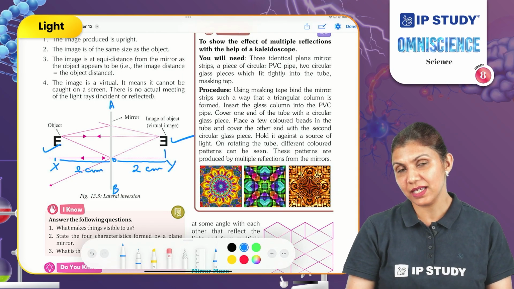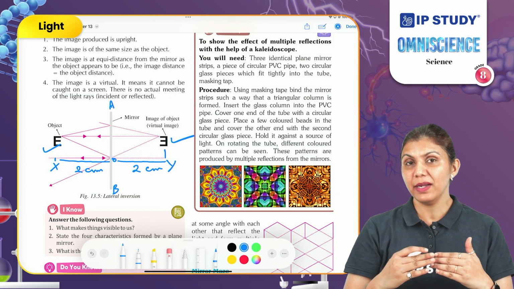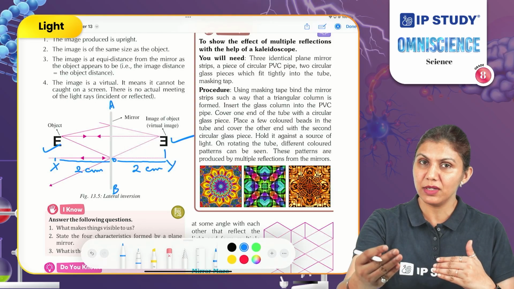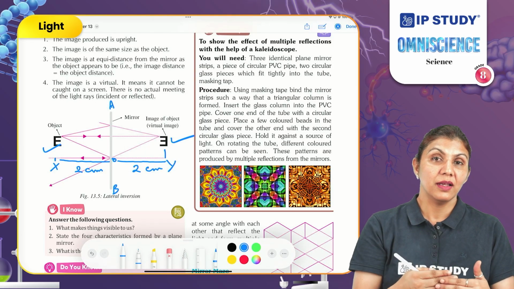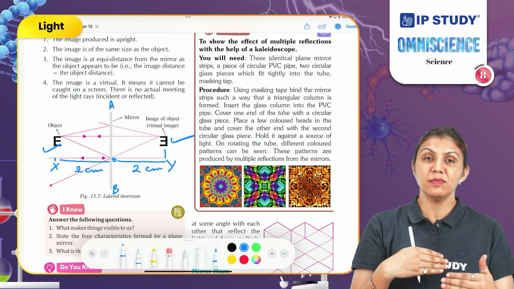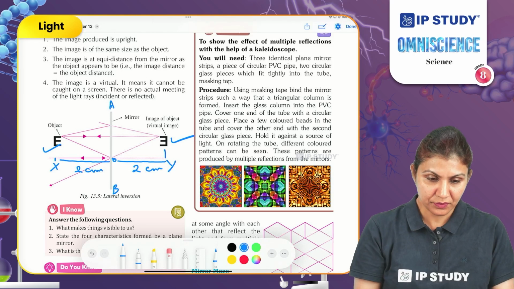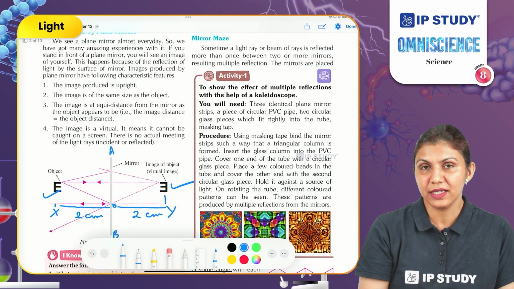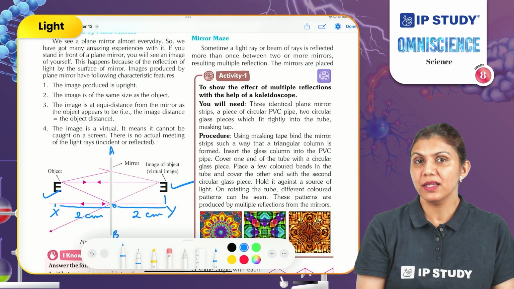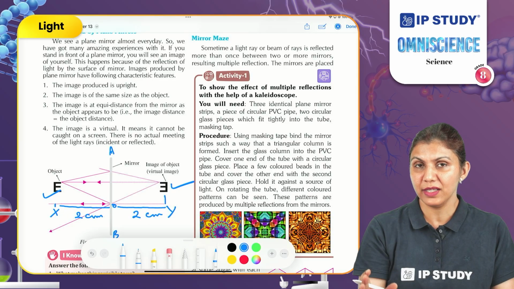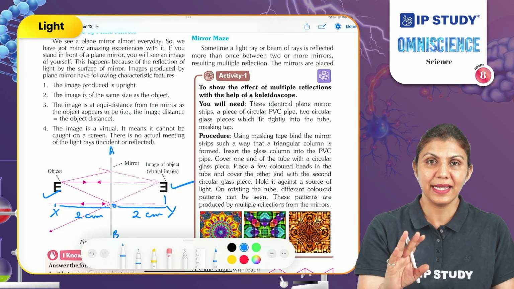So we can say that the image is formed at the same distance behind the mirror as the distance between you and the mirror. One more thing is, every time, an image formed in the plane mirror is an erect image.